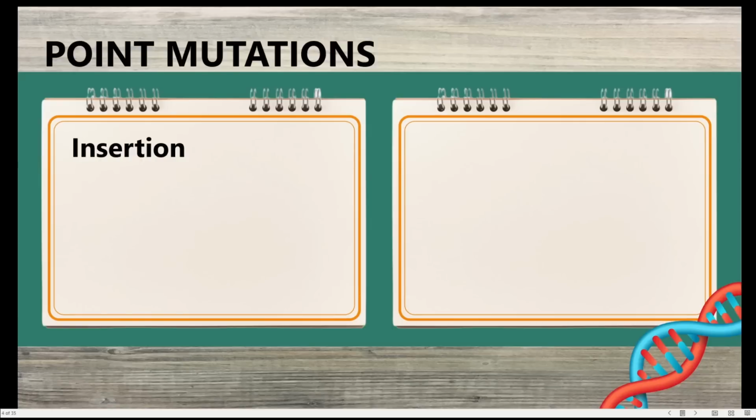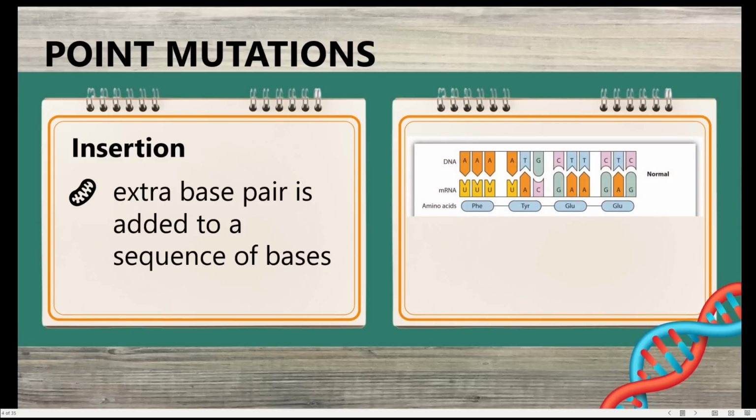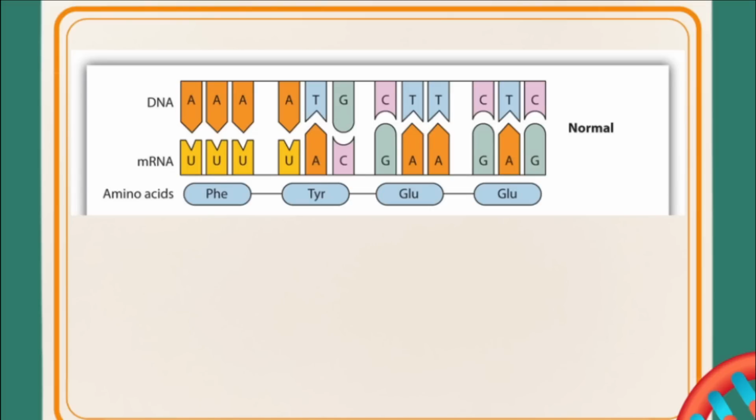So first, we have insertion. Just like what the term implies, insertion, merong na-insert, merong napasok. So in this type of point mutations, an extra base pair is added to a sequence of bases. So just like for example, in your screen, I am showing you a normal DNA sequence.